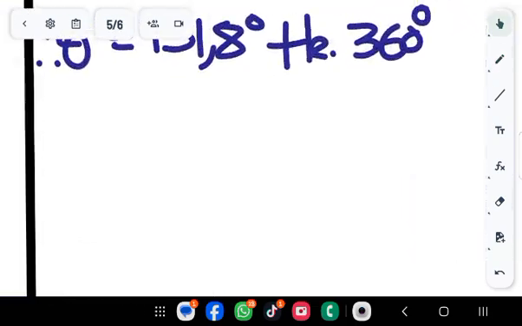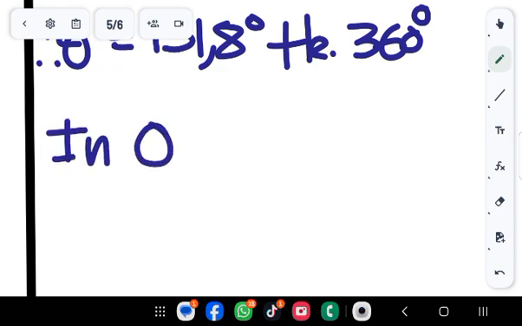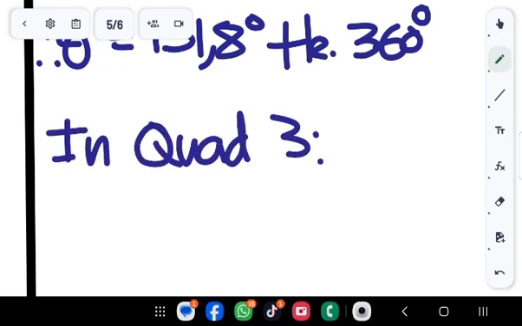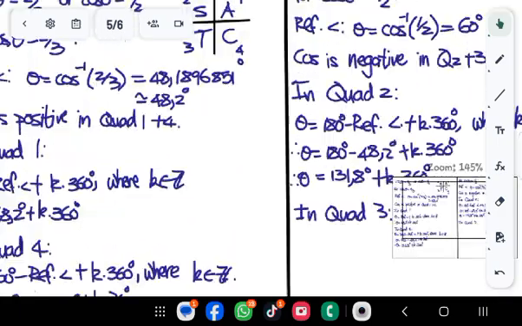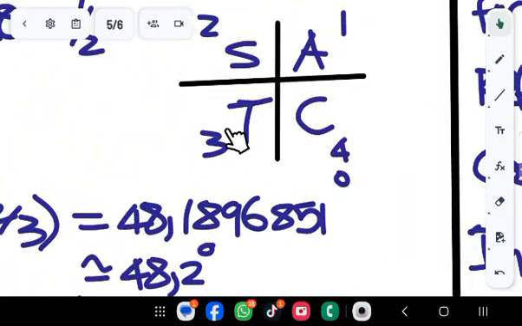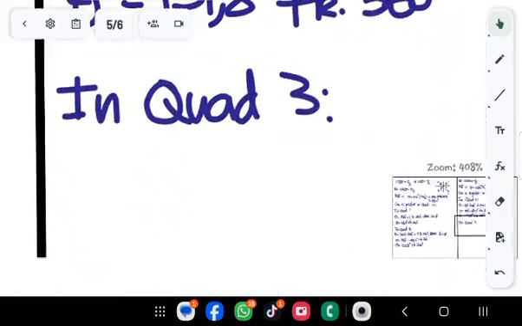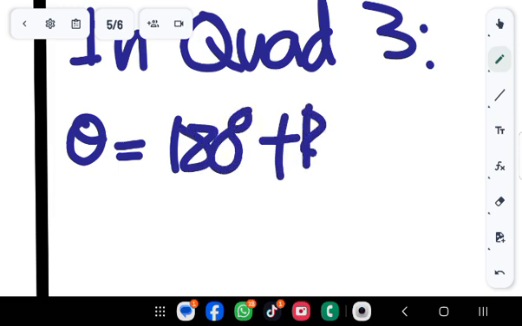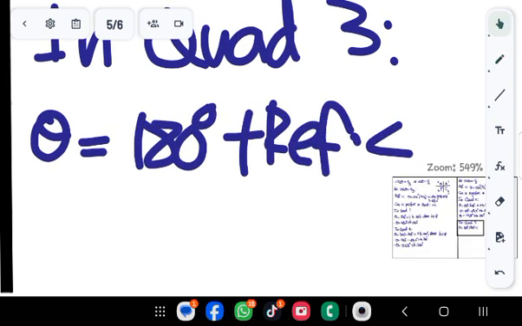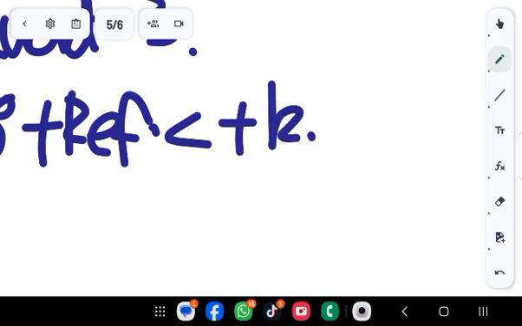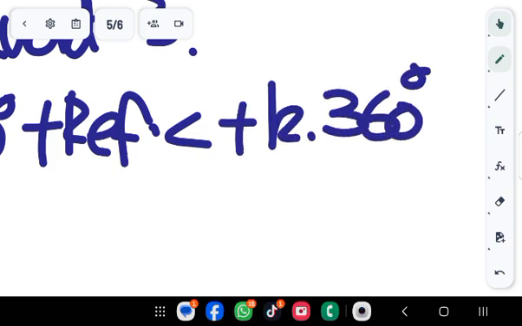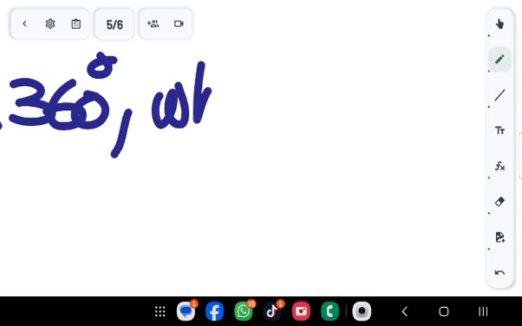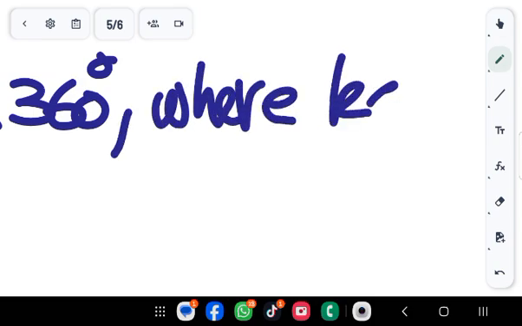Now in quadrant number 3, the angle is 180 plus the reference angle. In quadrant 3, theta equals 180 plus the reference angle plus k times 360 degrees, where k is an element of the integers.